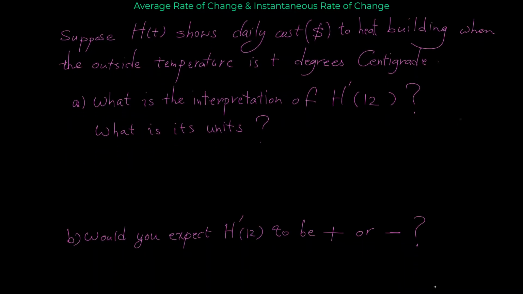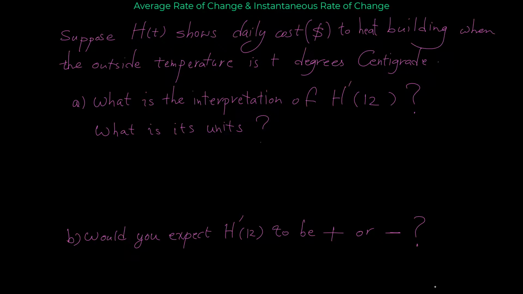Now look at this example. This example checks your understanding from instantaneous rate of change or derivative, the interpretation of derivative. Suppose h of t shows daily cost for heating a building when the outside temperature is t degrees centigrade.